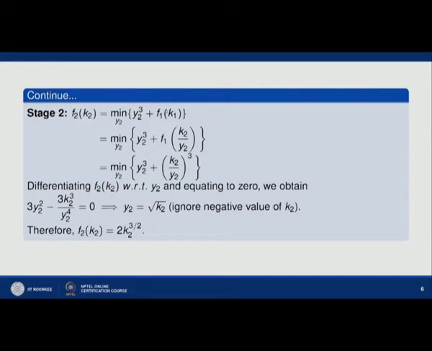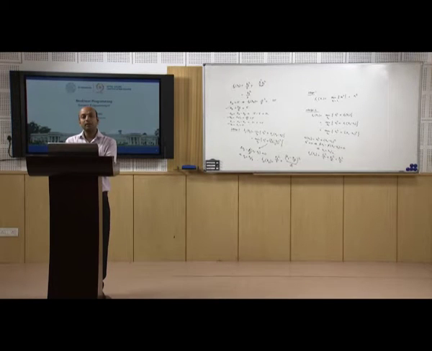So, f1 of k2 upon y2 is equal to k2 upon y2 whole cube. Now, it is again a single variable function of y2. You differentiate it with respect to y2, put it equal to 0, then you can get the stationary point for which this value is minimum.